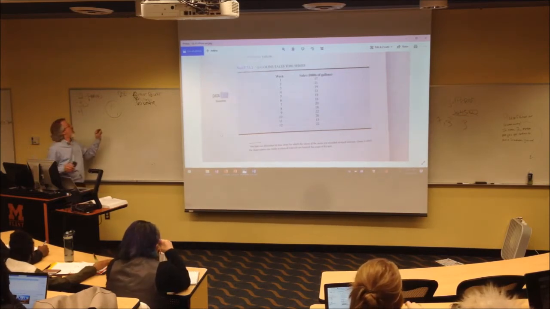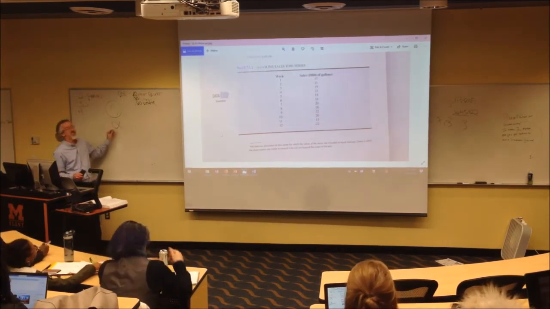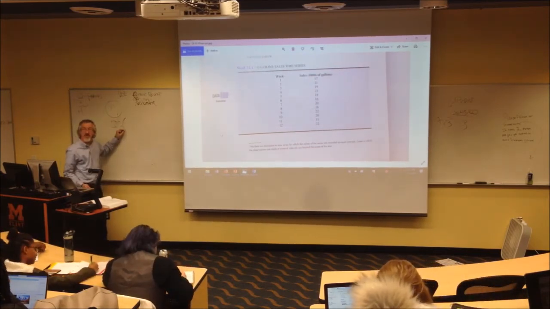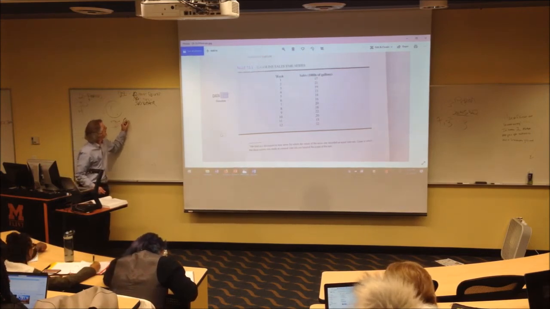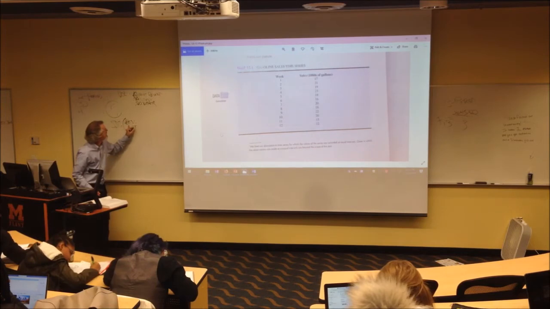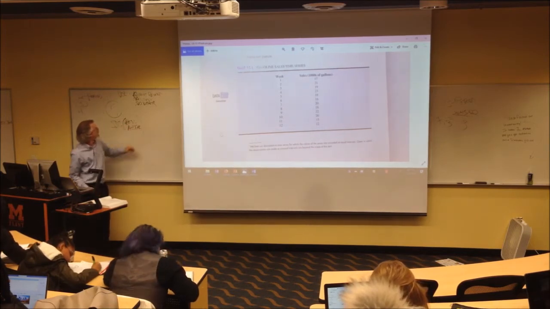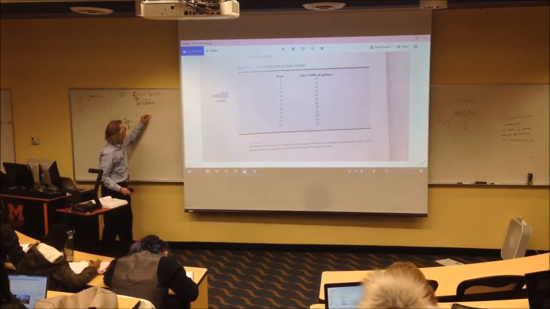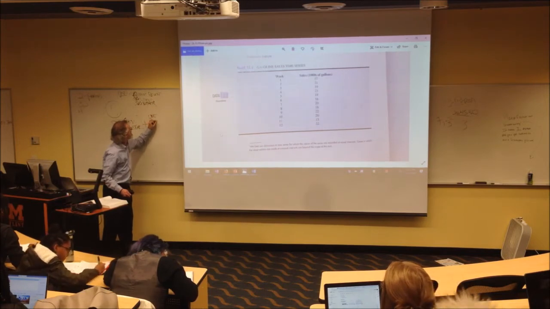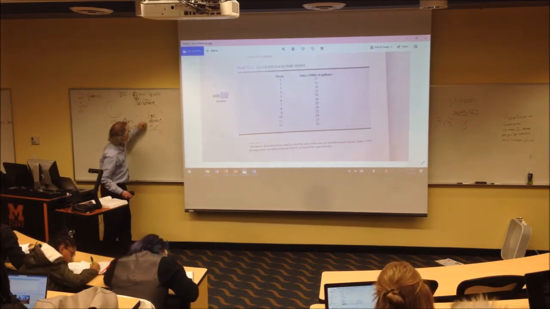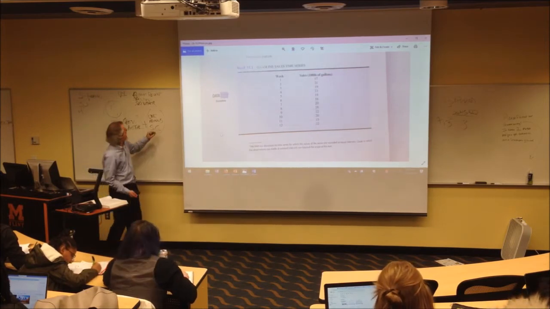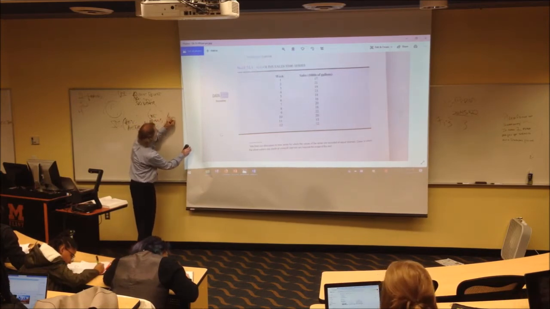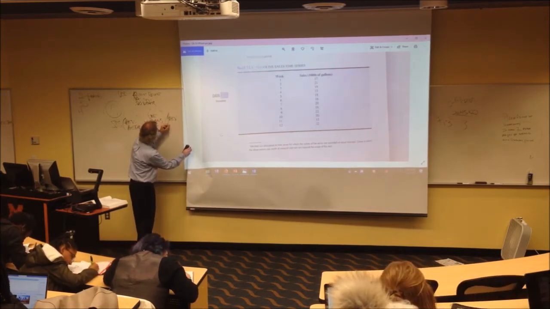Now, the formula is the smoothing constant, I'll call it SC, times the previous period actual, plus 1 minus the smoothing constant, the opposite of smoothing constant, times the previous period forecast.